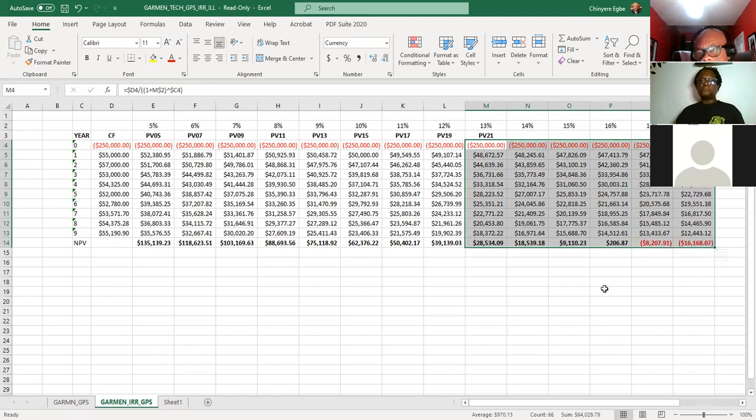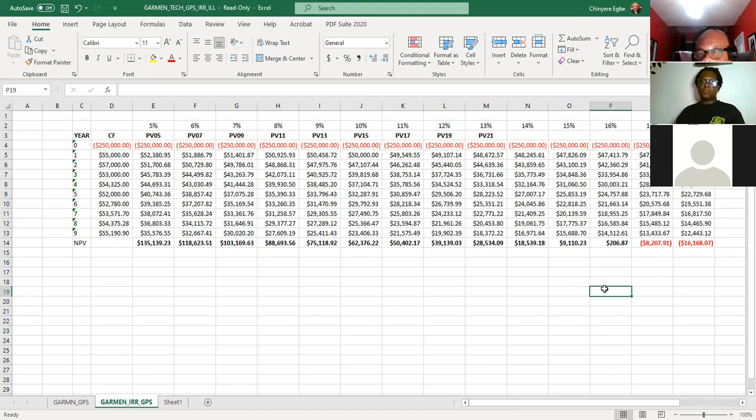All right, then I just made the problem simple. And so by the time you go from 16% to 17%, you can see that your NPV goes from positive to negative. And so your IRR is somewhere between 16 and 17%.